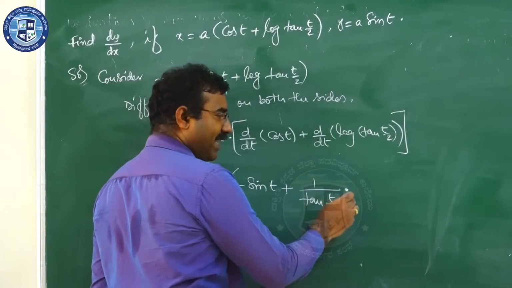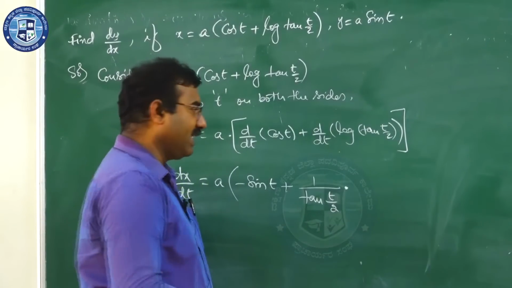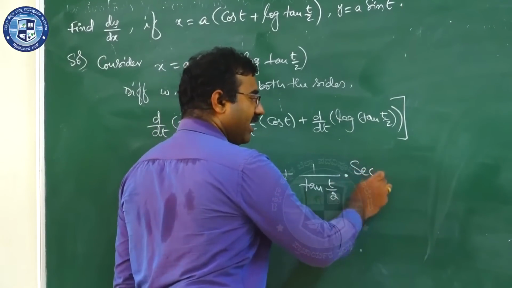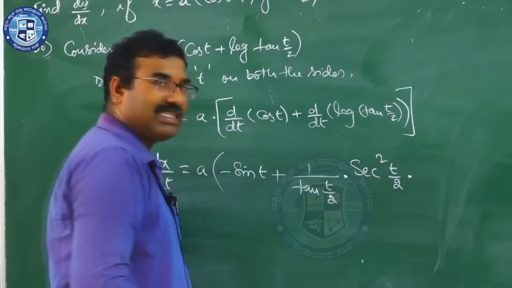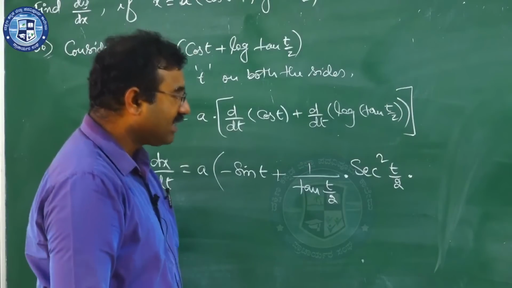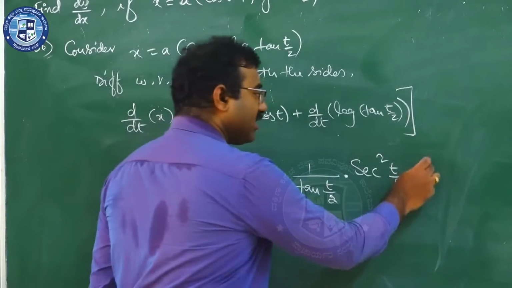What is d by dt of tan t by 2? Differentiation of tan x is secant square x, so secant square t by 2. Again, it is not just a simple t, it is t by 2, so its derivative you have to consider.